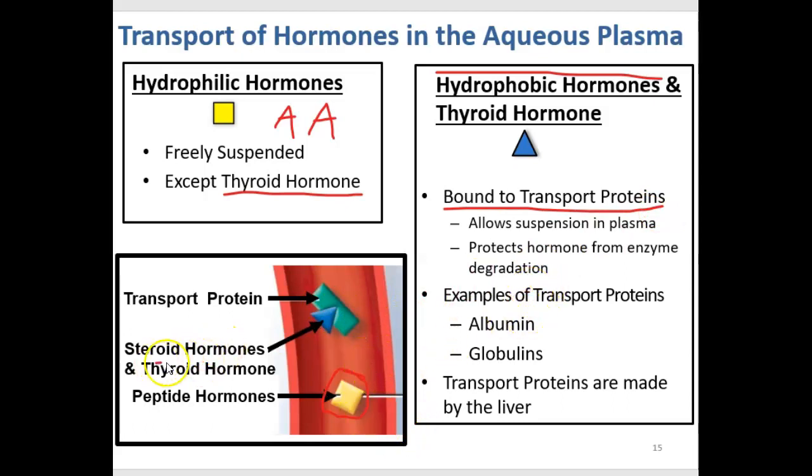So steroid hormones and thyroid hormones will need a transport protein. Some examples of transport proteins are albumin and globulins. They're made by the liver, so if the liver is diseased and can't make these, it will be very difficult to transport hydrophobic hormones or steroid hormones.